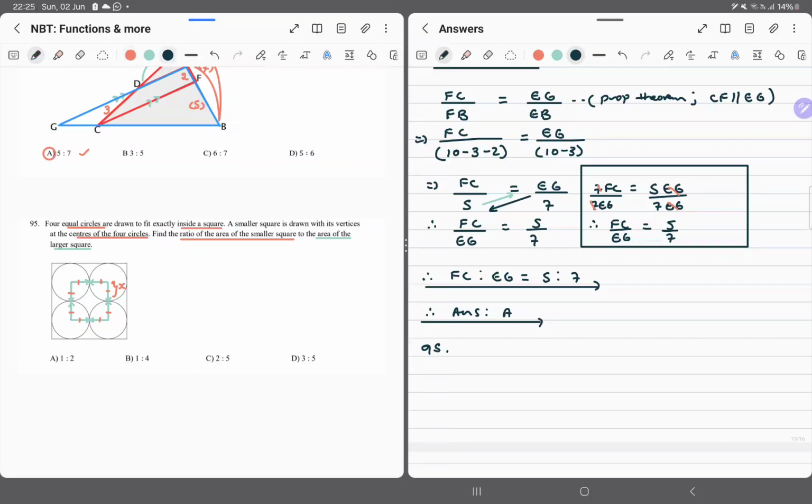But then if we are to extend, remember this is a square as well. It means that side is equal to that side, equal to that side. So now if we extend our radii into our diameters, okay, we extend this into some diameter there and extend that into some diameter as well.